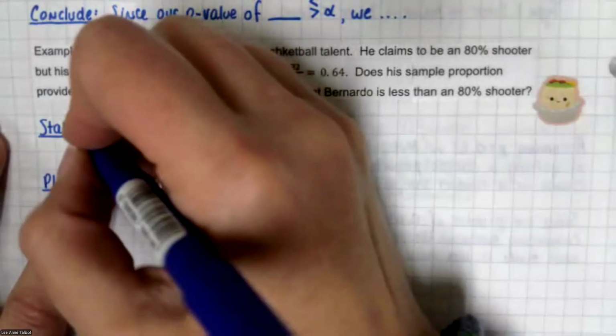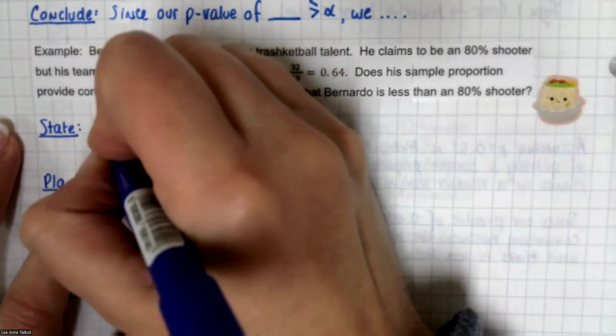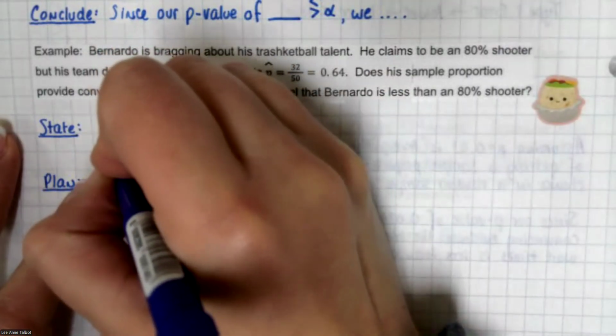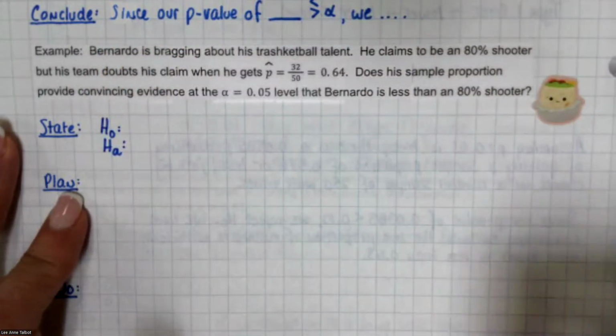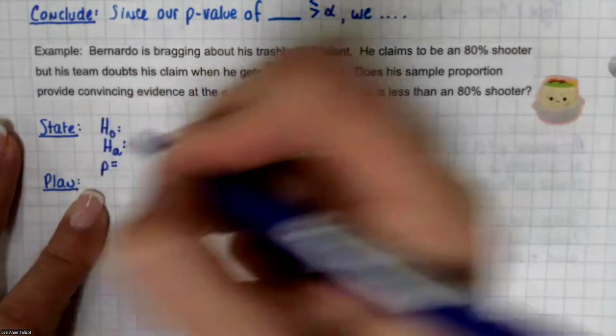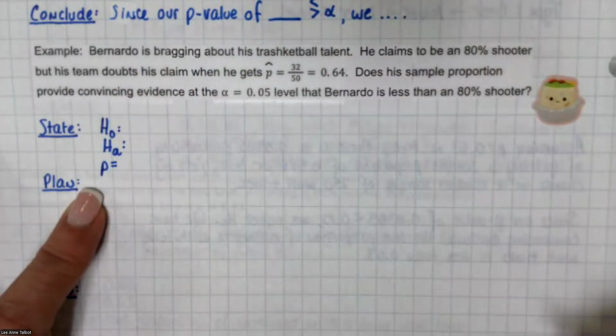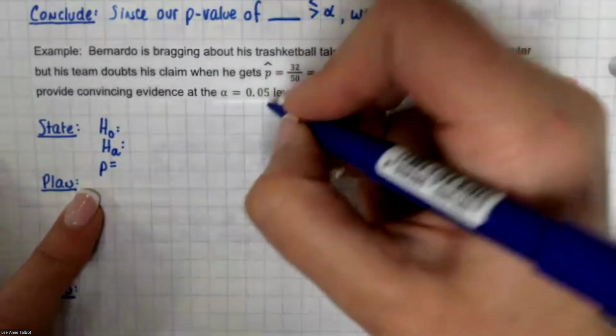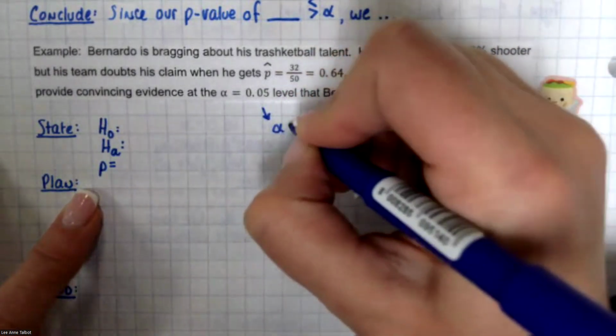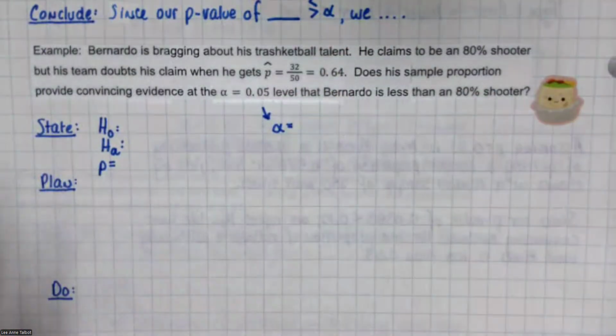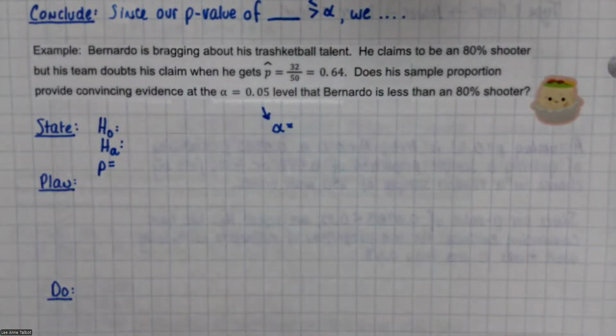Okay. So in the state step for these, you need four things. You need the H0, you need the Ha, you need to say what P is, and you need to state the alpha level, which in this problem comes straight from the problem. And remember what I said Friday, if it's not in the problem, use 0.05 as a nice middle ground.